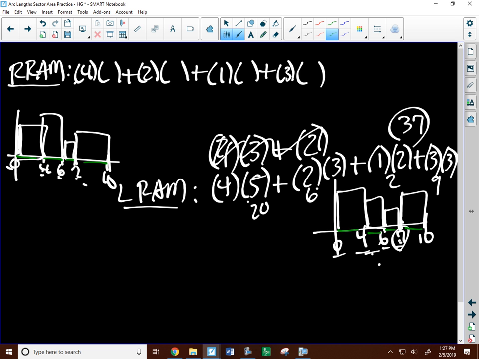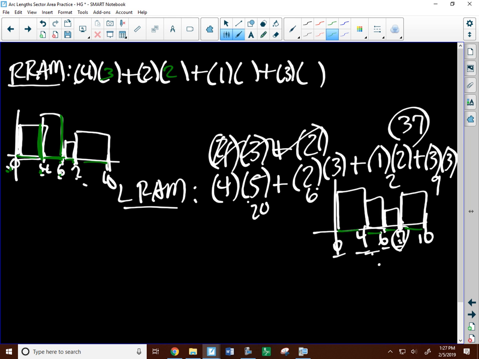But then we're using the heights on the right side. So now from 0 to 4, the right height will be at 4, and that one is 3. Then for rectangle 2, from 4 to 6, the right height will be at 6, and at 6, the y value is 2.